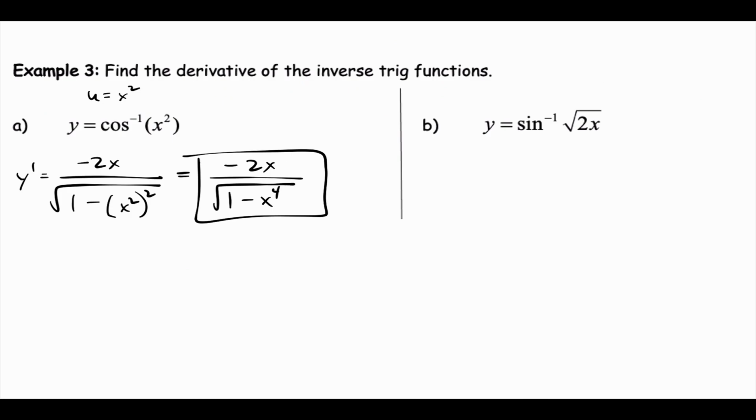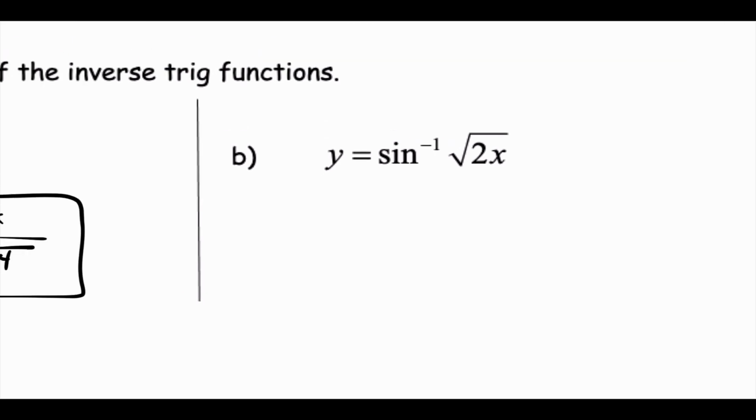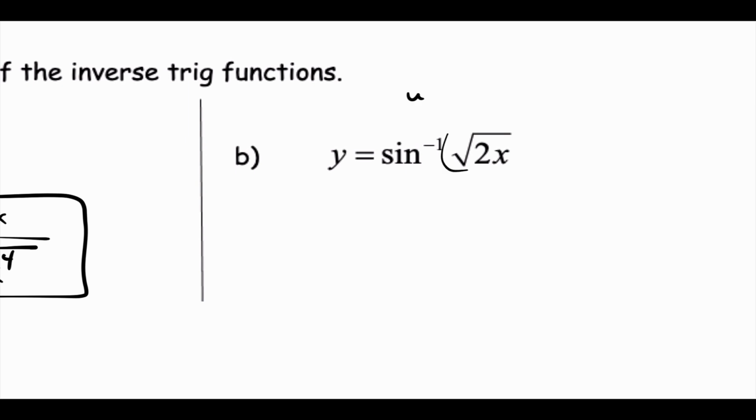All right, next one. Inverse sine of the square root of 2x. So u is this part here, which is 2x to the 1/2 power, because of the whole thing. The rule says we're going to make a fraction again, with the derivative of u on top.